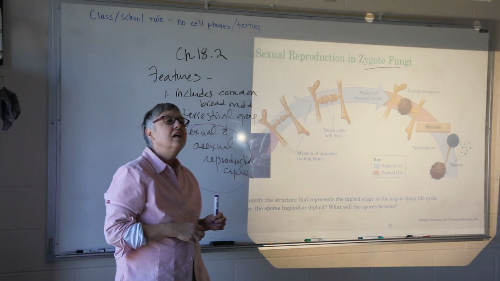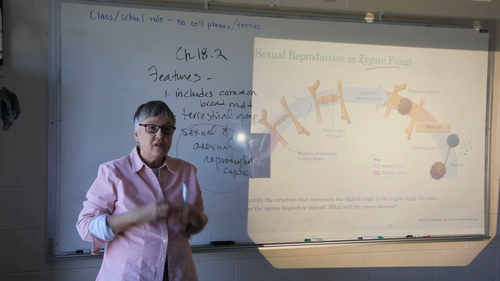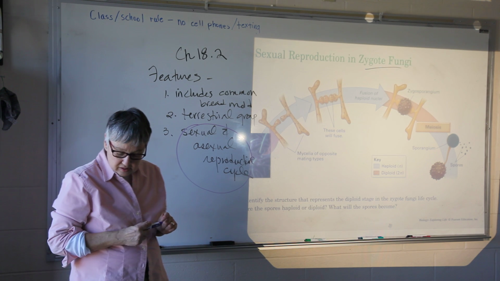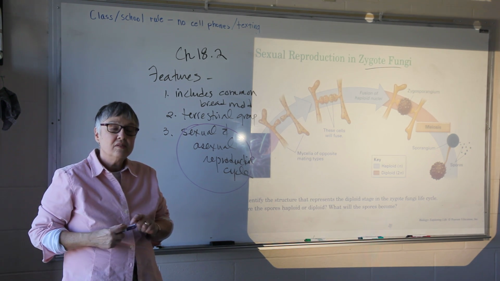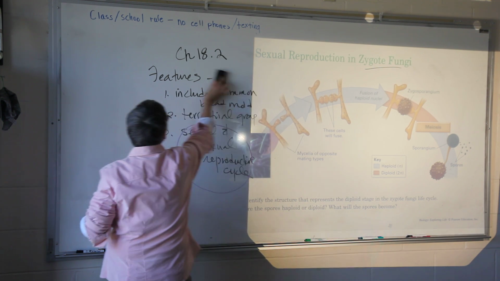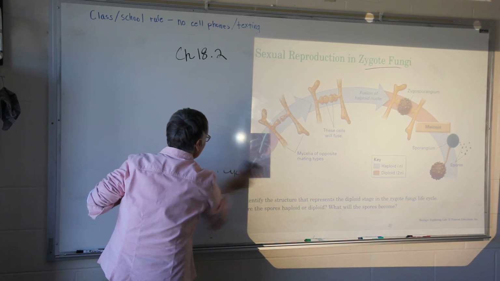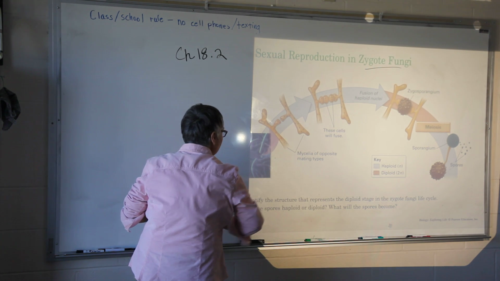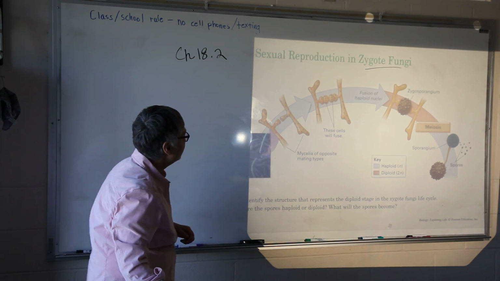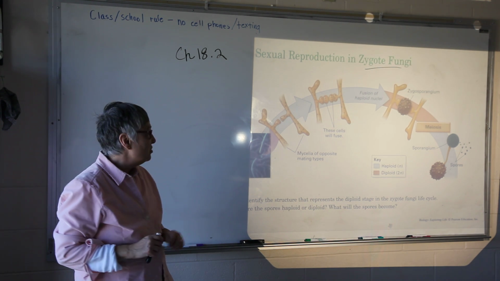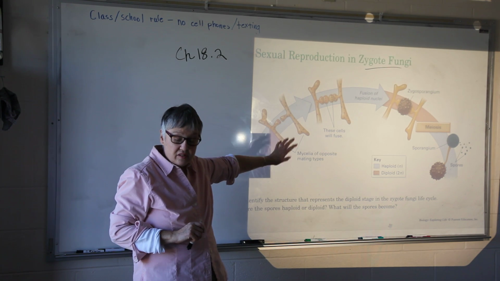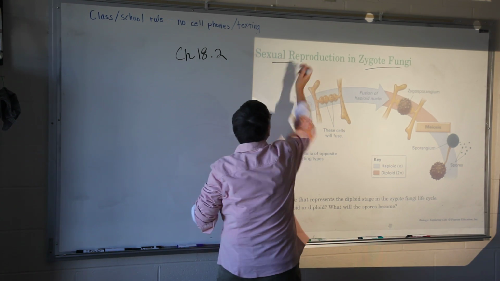When there is a lack of food, or food suddenly becomes scarce, the fungi will go through a sexual reproductive cycle. So let's take a look at that. And we're going to start with the asexual, which actually is not shown here. This is, as you can see, the sexual reproductive cycle.